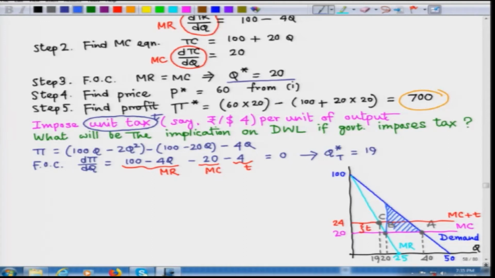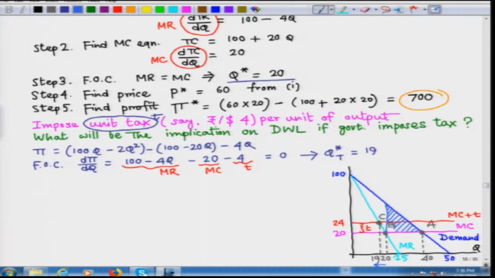Now, if the government imposes a tax to penalize monopoly, the monopolist finds its new equilibrium, and at this new equilibrium it actually produces even less units of output. So, actually the market level of output declines from 20 to 19.